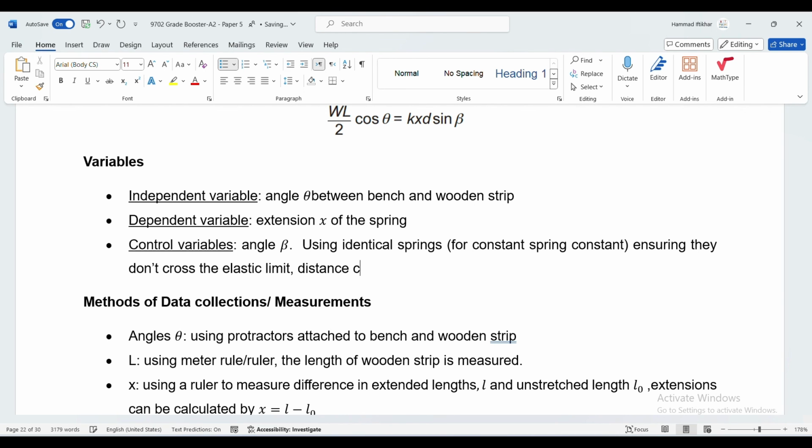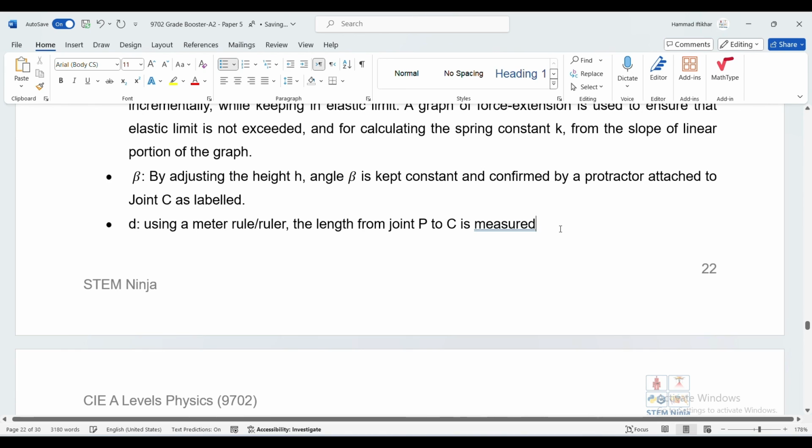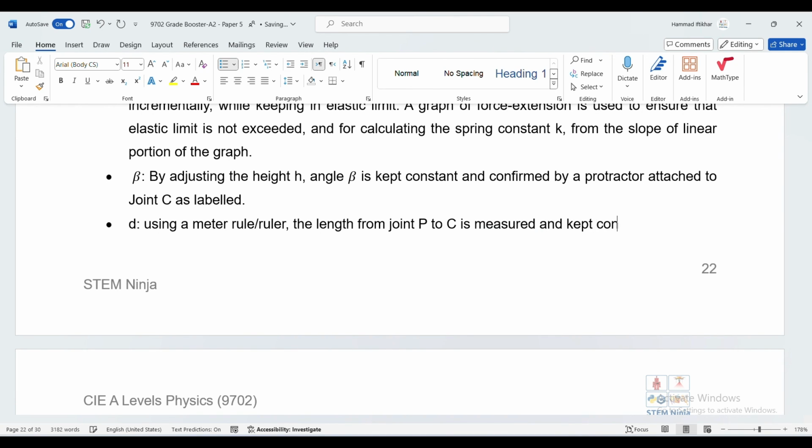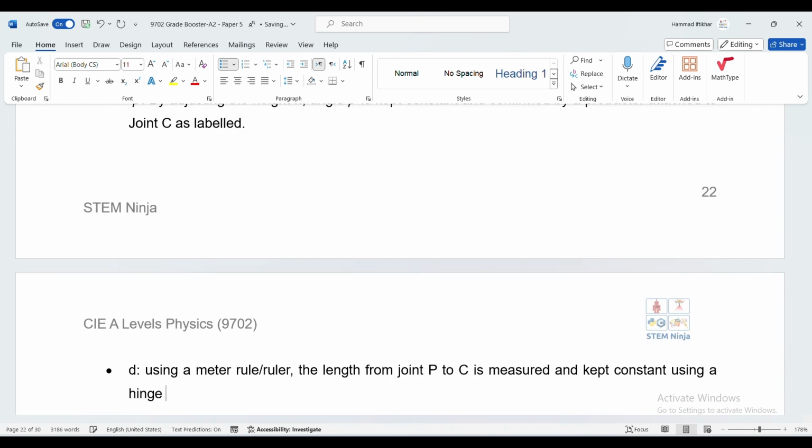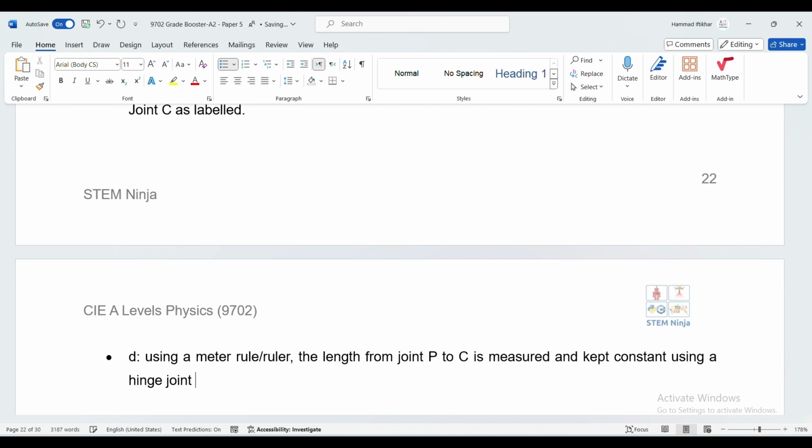So we are going to write constant also, and kept constant using a hinge joint at P and a regular joint with a wire at C, labeled in the diagram.